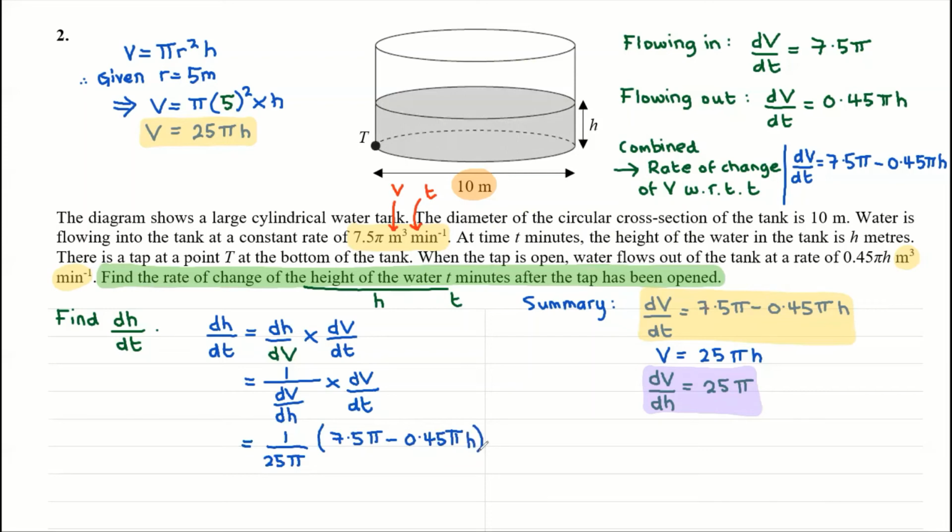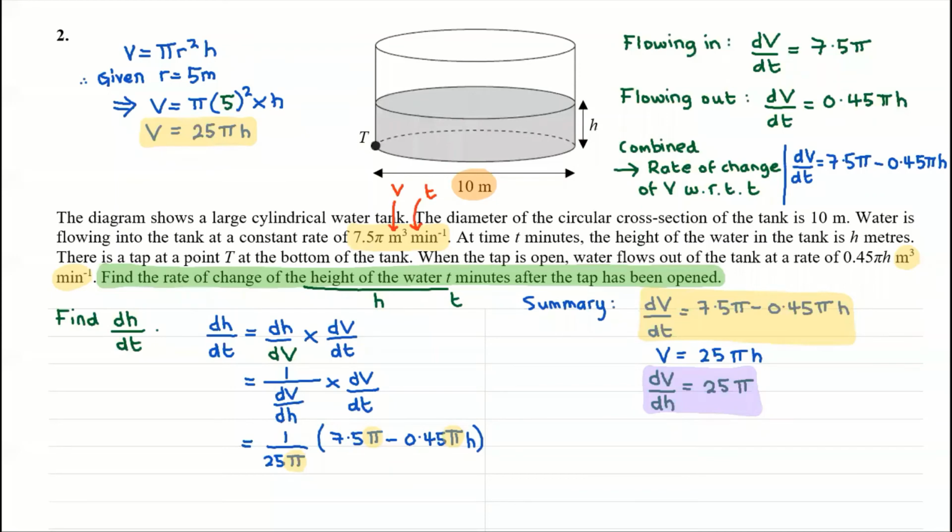Okay, now if you look at what we've got now, we can see there's some simplification that can be done here. We don't need to leave it like this. We've got pi in the denominator here. We've got pi here. So that means I can cancel the pi out. It's not dependent on pi whatsoever. So let's just get rid of that. Something else as well.